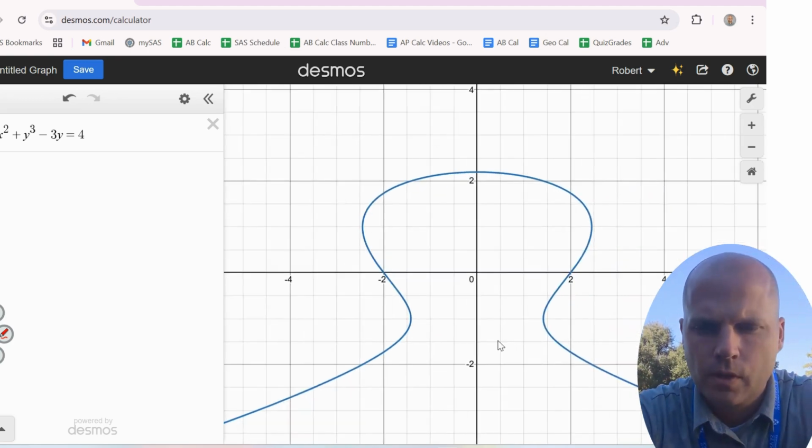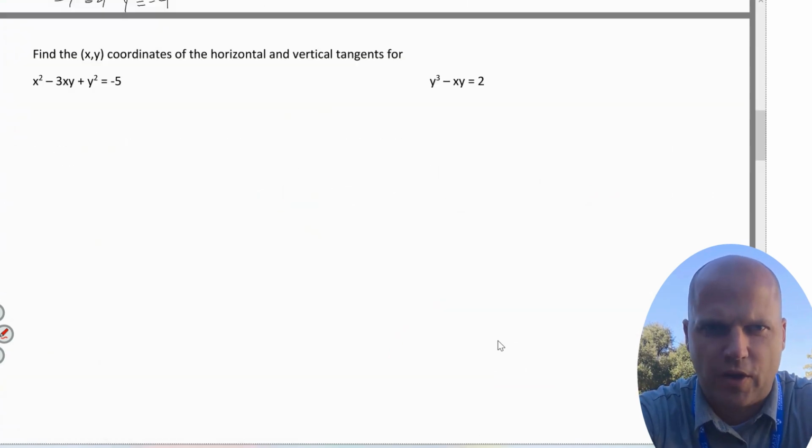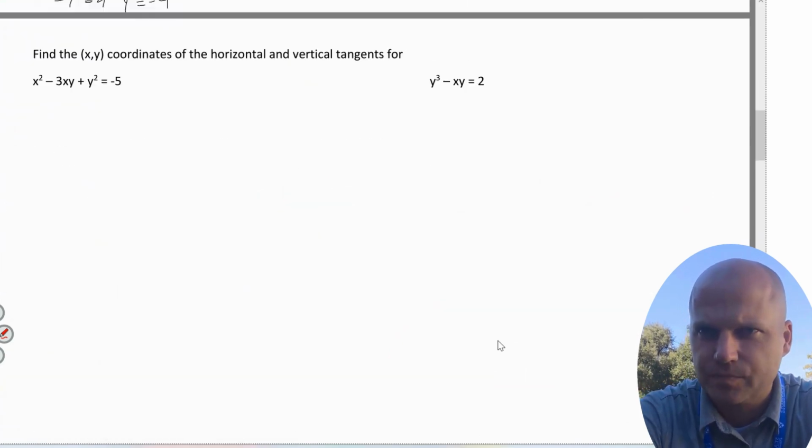Cool. So we didn't find the points because they're too hard to find, but we found the locations.